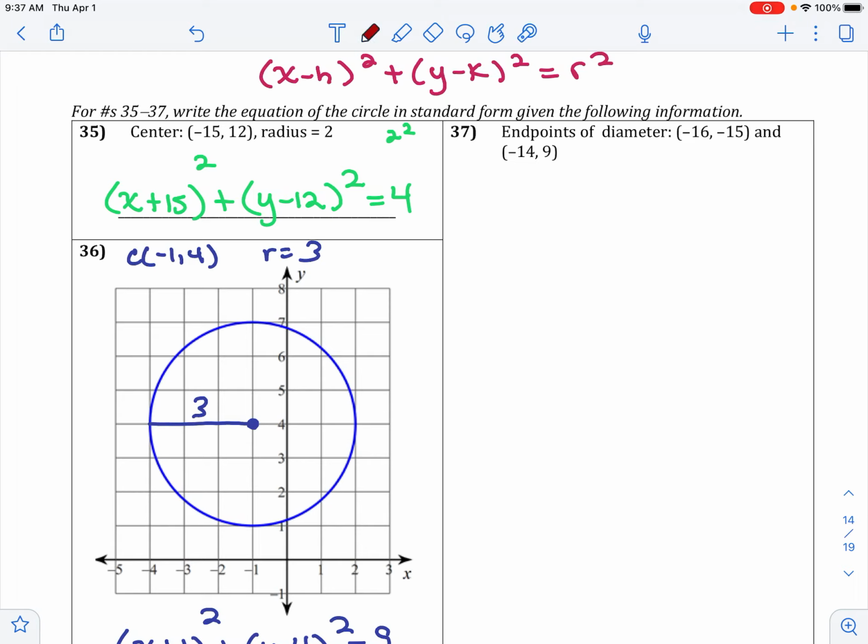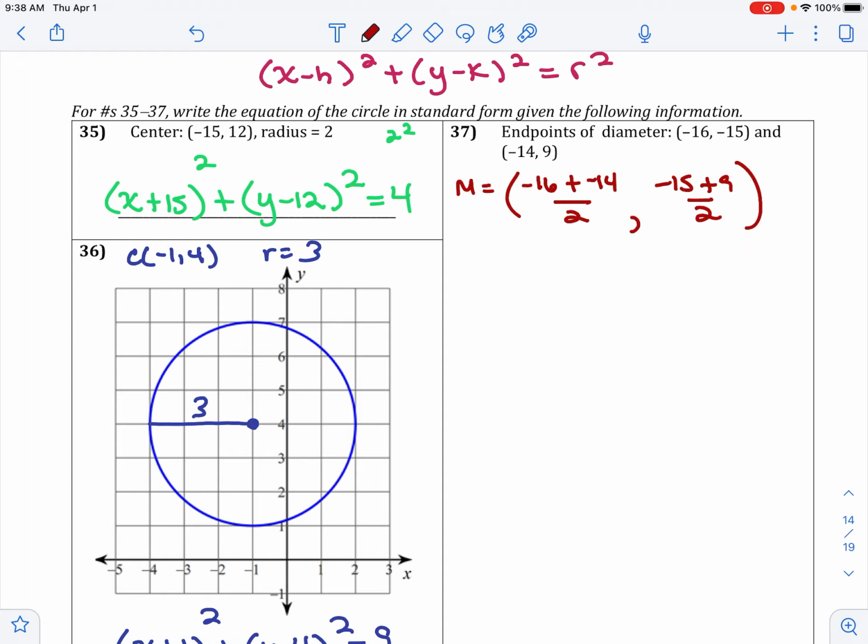Let's get our center. The way you find your center is you're going to use your midpoint formula. Let's review that formula really quick. So to find a midpoint, we add the x's. So we go negative 16 plus negative 14, and then we divide it by 2. And then we do the same thing with the y's. So we do negative 15 plus 9, and we're going to divide that by 2.